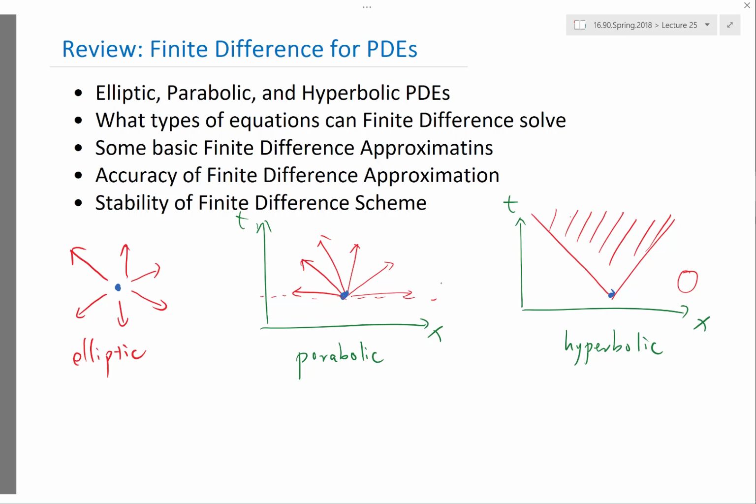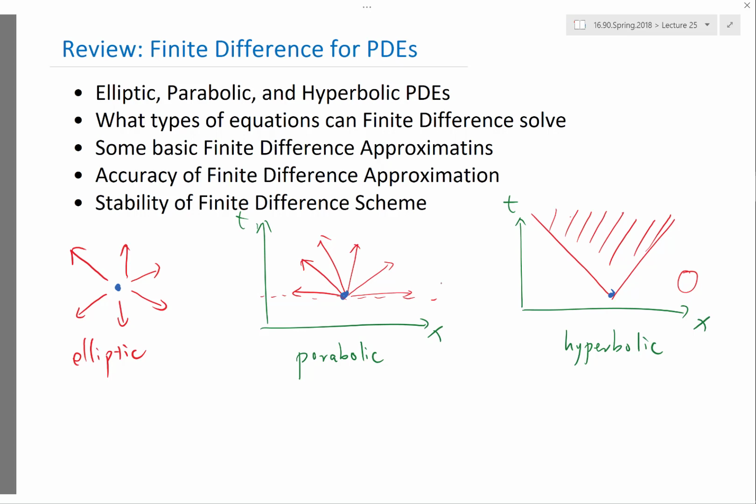It can actually solve equations in any kind of complex domains, but it becomes very difficult and often not so accurate if you have complex domains. So it's the best for differential equations that have smooth solutions and the domain is regular. That's the strength of finite difference. And it's very easy to get a high order scheme in finite difference.